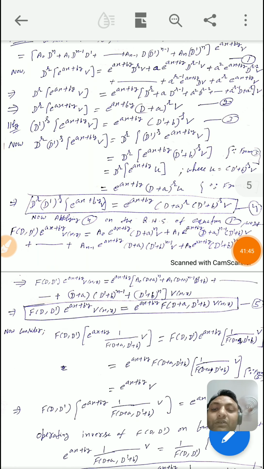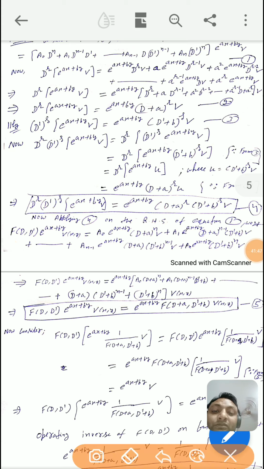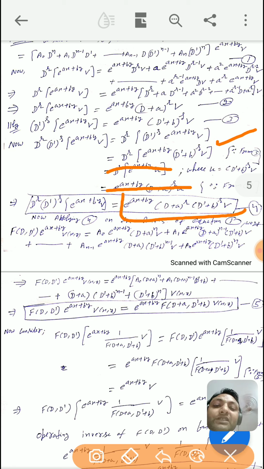sorry, I have written something wrong here, that we will not get this result after this one, and we will also not get this. So you can remove these two lines because these are written wrong.